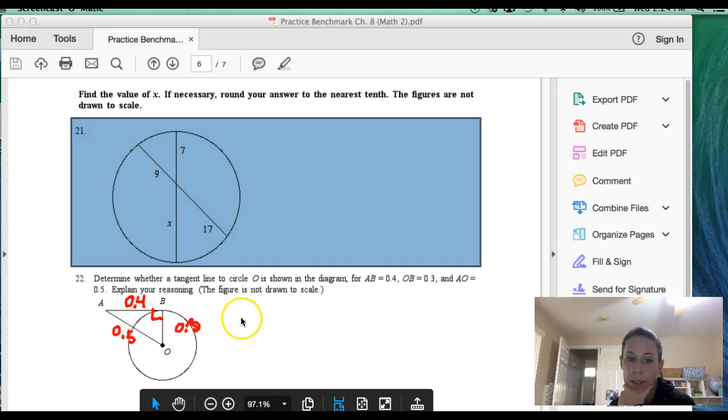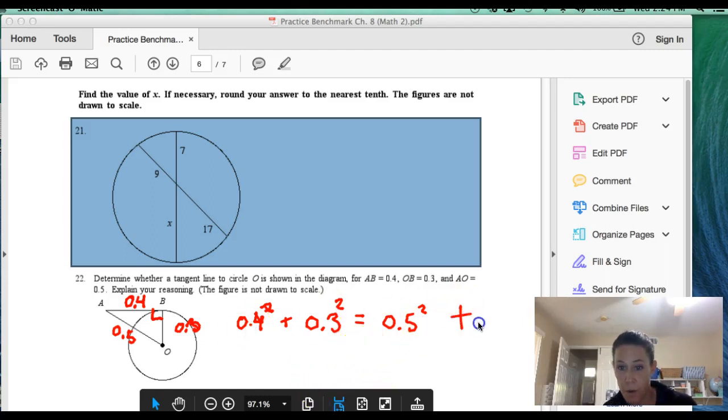So I'm going to say if 0.4 squared plus 0.3 squared equals 0.5 squared, I have a right triangle. You can go ahead and do the math on that, and it is going to work. So this is true. And then what I would say is, and I'm not going to write it out because the writing on this is fuzzy, I would say this shows that I have a right angle and it is perpendicular at the point of tangency.